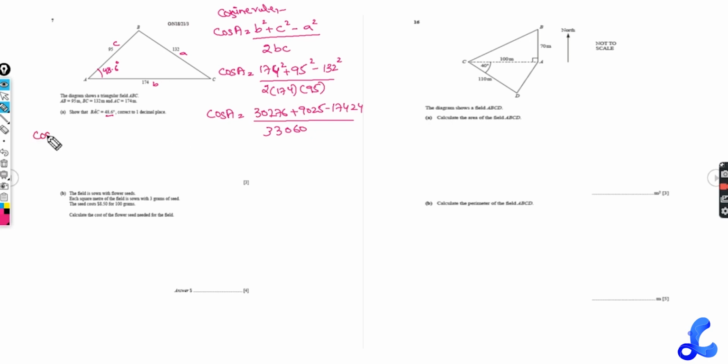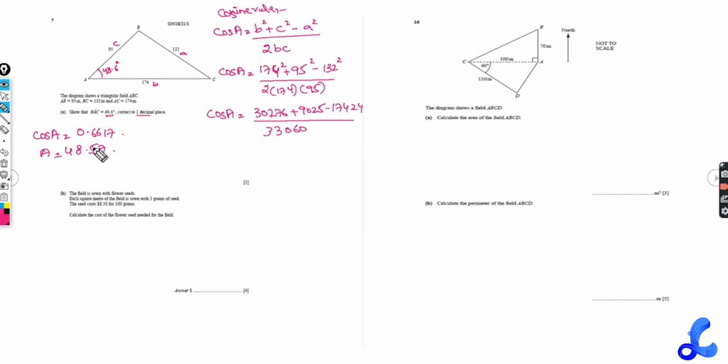When we solve this, cos A equals, and now you have to find out the answer correct to one decimal place, right? So we have to be very exact with this. Put it in the calculator, and your answer should be 0.6617, and when you inverse cos 0.6617, you get 48.57.